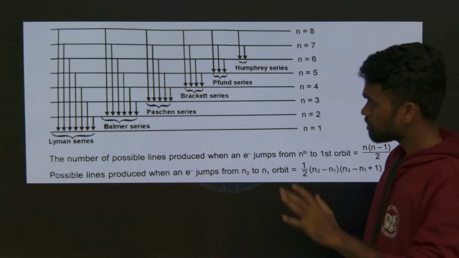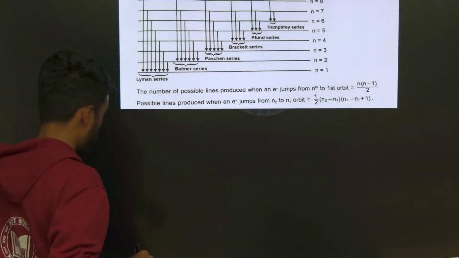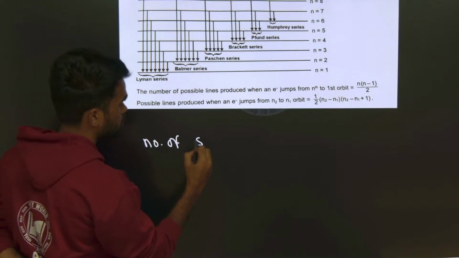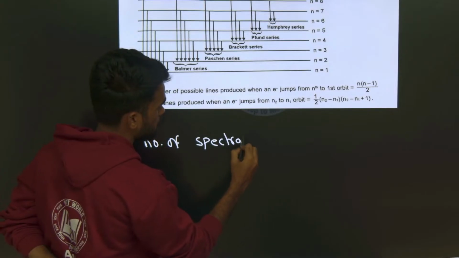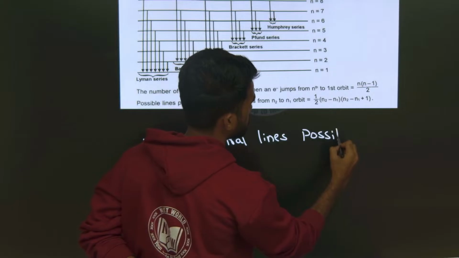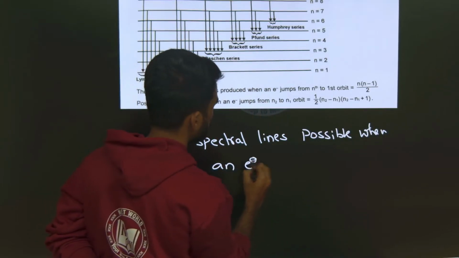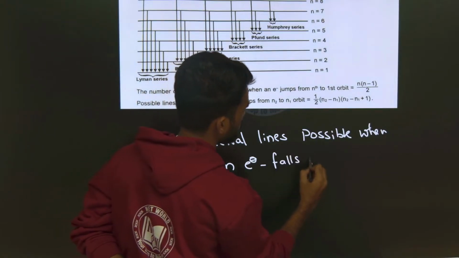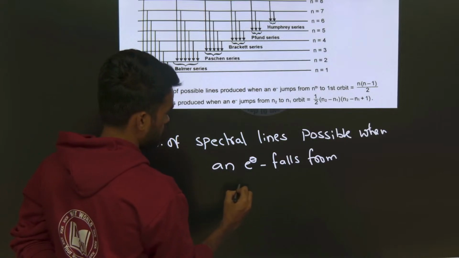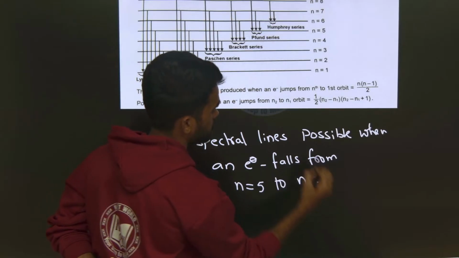Now in the exam, they will ask a question in this manner. The number of spectral lines possible when an electron falls from the fifth state to the first state.